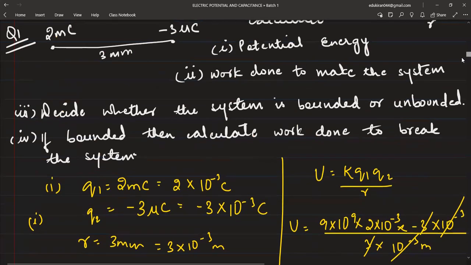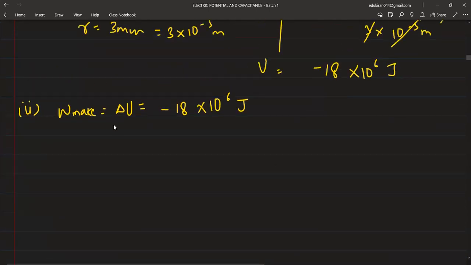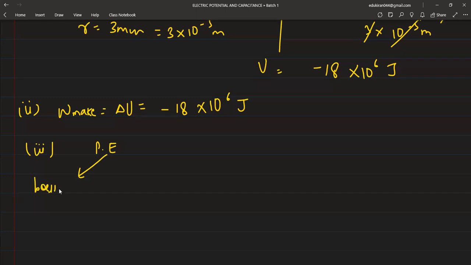See, a small theory portion here you have. Whenever we are calculating the potential energy, systems can be bounded or unbounded.